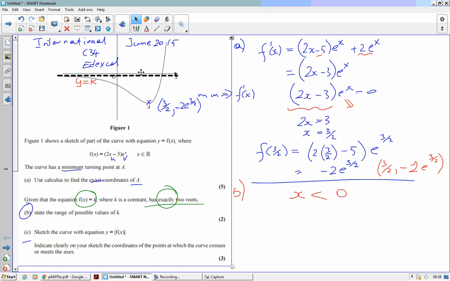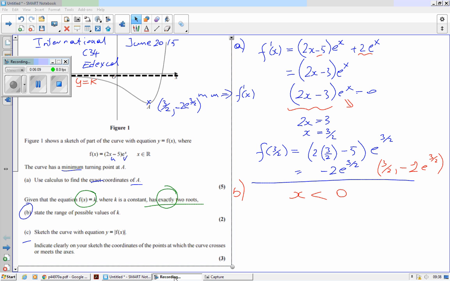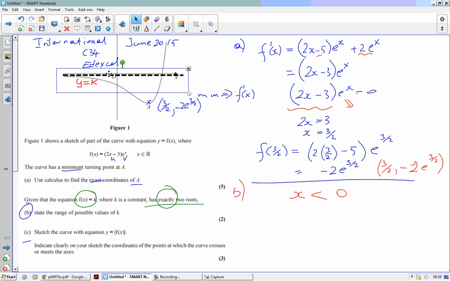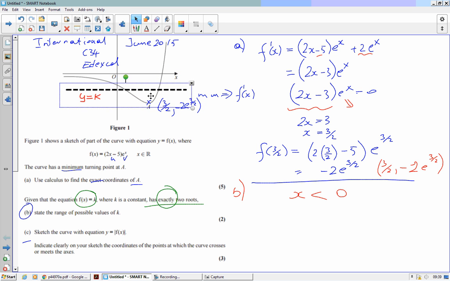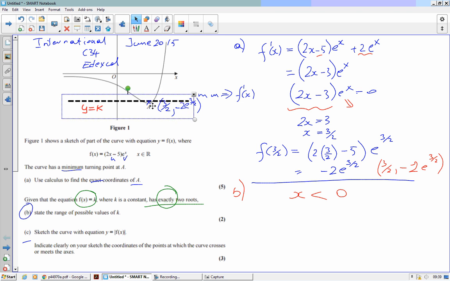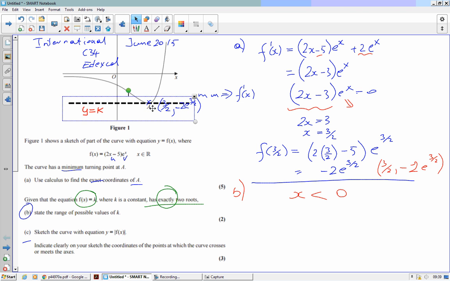Now if I place it further downwards, I've still got two real roots here. My value of k here is approaching the minimum here at −2e^(3/2). Just above that, it's still got 2.